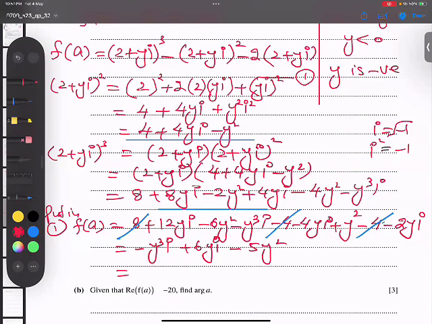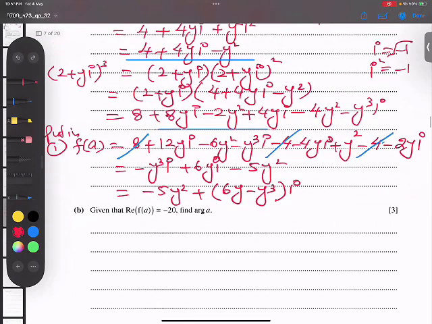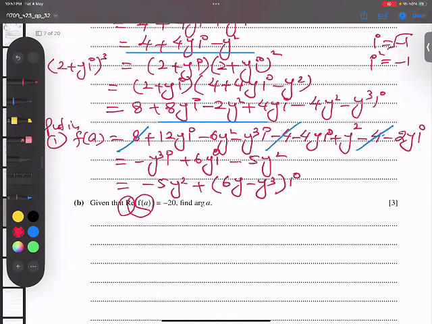Look, I'm writing, students. The real part is -5y square, which I'm writing before. And from here, I will take iota common. So (6y minus y cube) iota. This is called the real part. This is called the imaginary part. He said real part of f of A. It means that real part. The real part is naturally without iota.